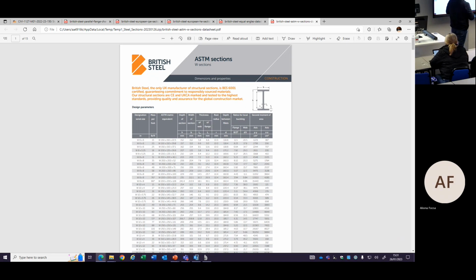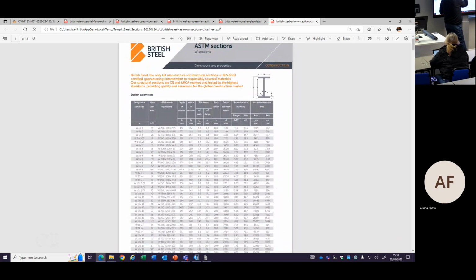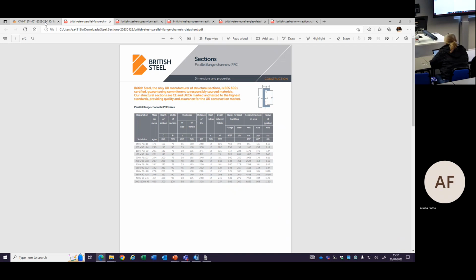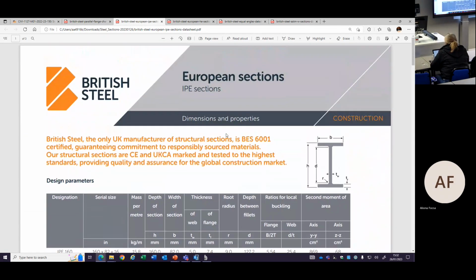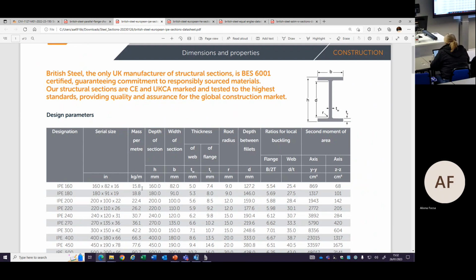You can probably see here, for example, H and B are equal to 15. In the IPE section, it was not like that, was it? In the IPE, where is it? In the IPE, see, the H is 16 centimeter, but the flange width is 8 centimeters, almost half.